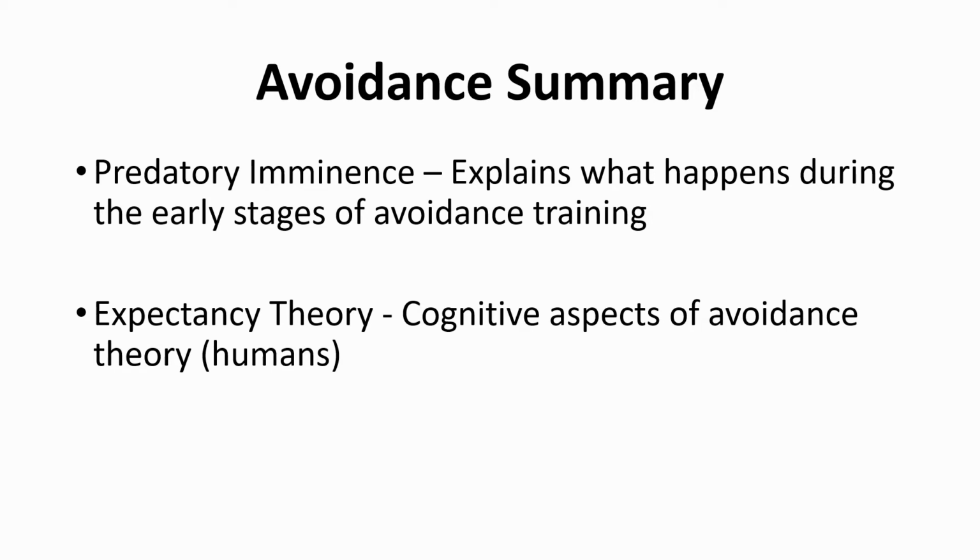And our expectancy theory does a good job explaining the cognitive aspects of avoidance theory. So it's a lot more readily applied to humans, where we can actually evaluate our cognitive processes, but there are some people who are trying to apply expectancy theory to other species. Not that everyone agrees with it.